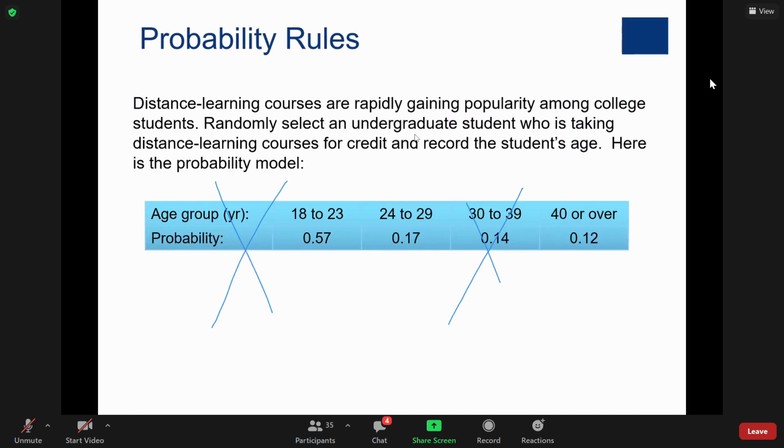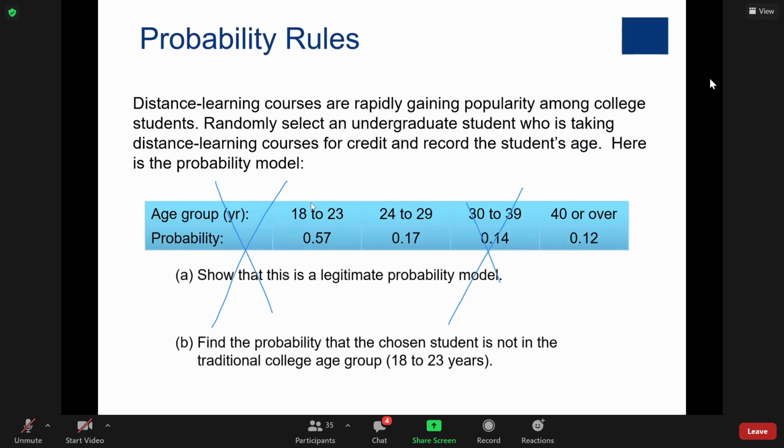Here we have another problem, where we have the probability by age group. We have four intervals here: 18 to 23, 24 to 29, and so on.